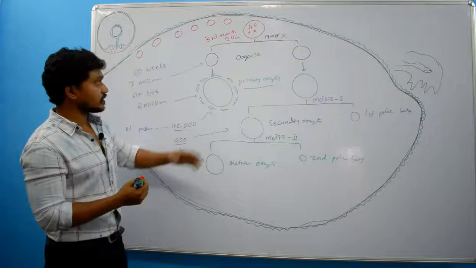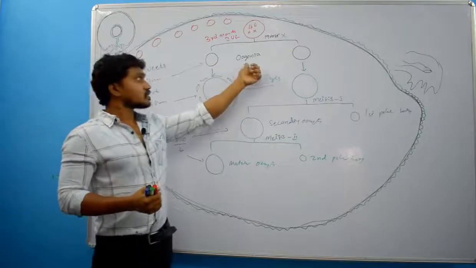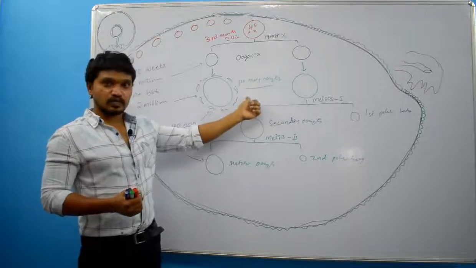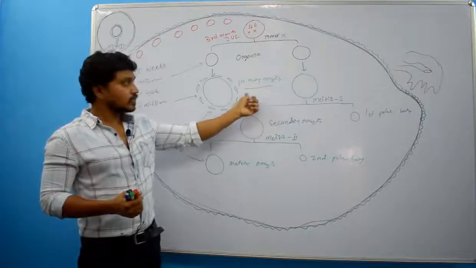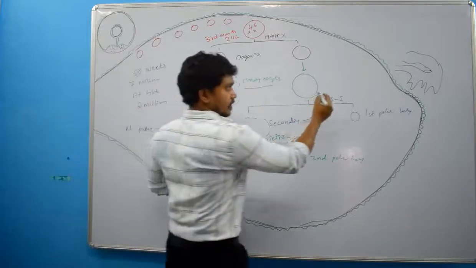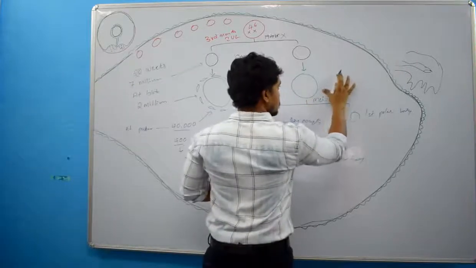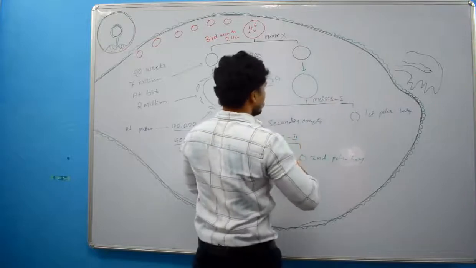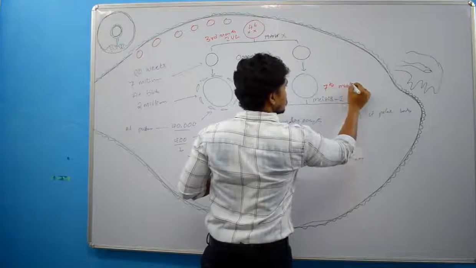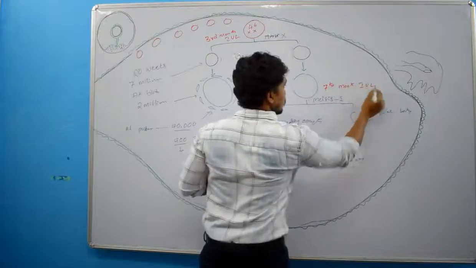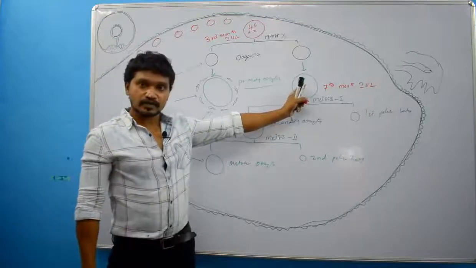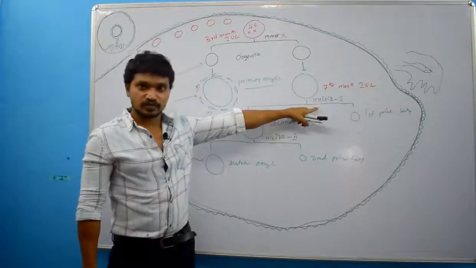So what has happened here? This oogonia converts into primary oocytes, right? Now at the 7th month of intrauterine life, these primary oocytes enter into meiosis 1.